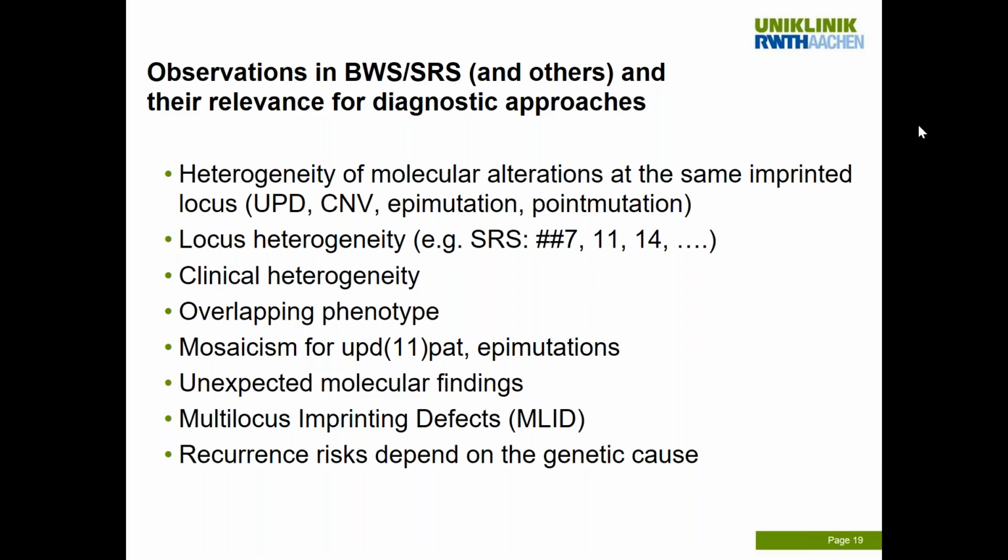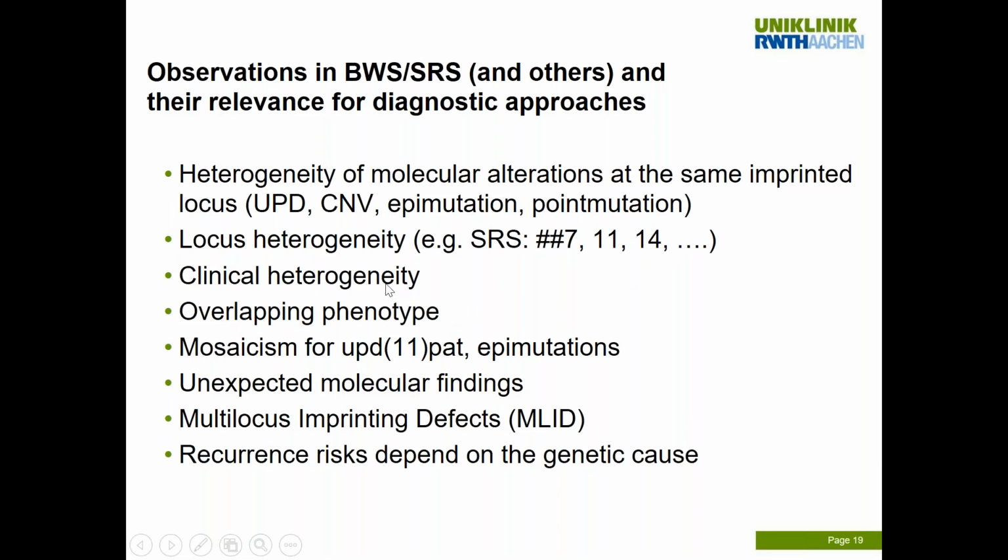First of all, as I already said, we have a very broad, heterogeneous spectrum of molecular alterations at the same imprinted locus in 11p. We have the four different classes. With a locus heterogeneity in Silver-Russell, we also have chromosome 7 and chromosome 14 affected.